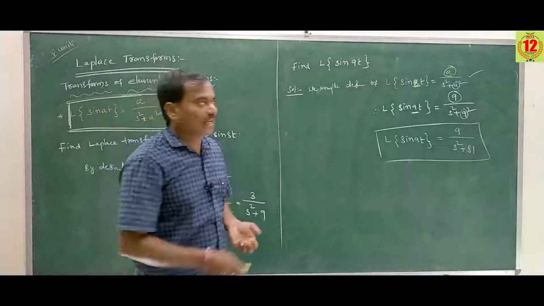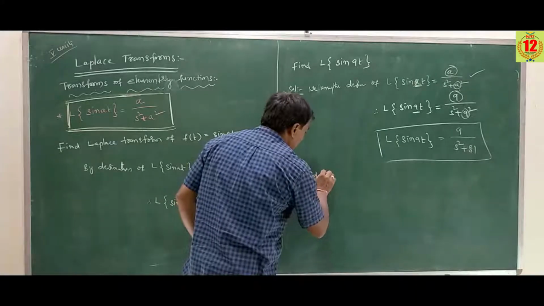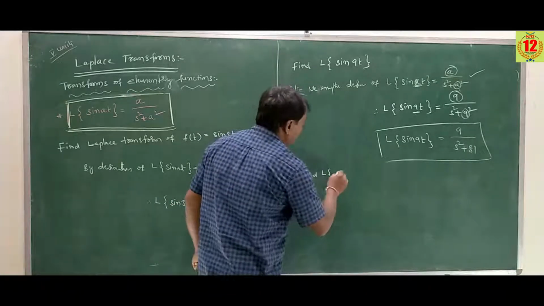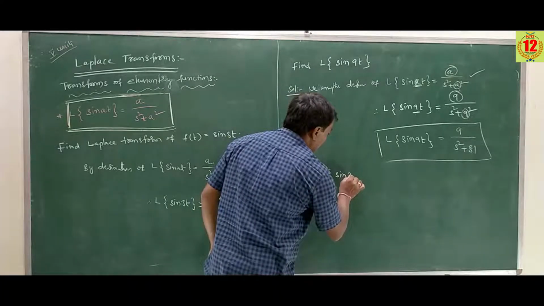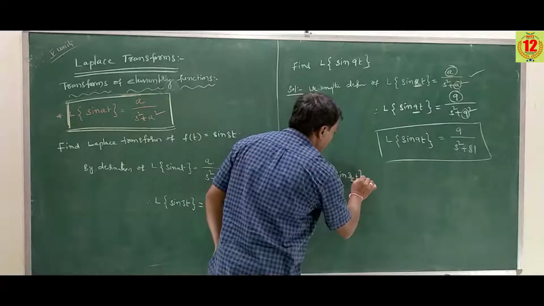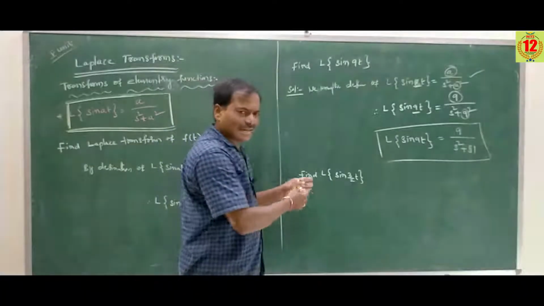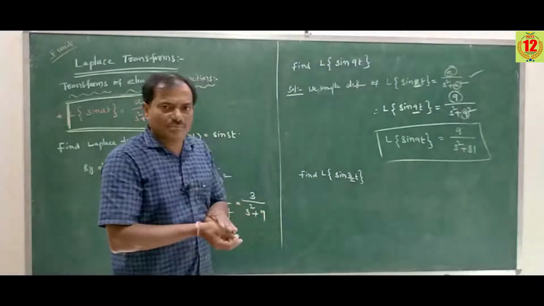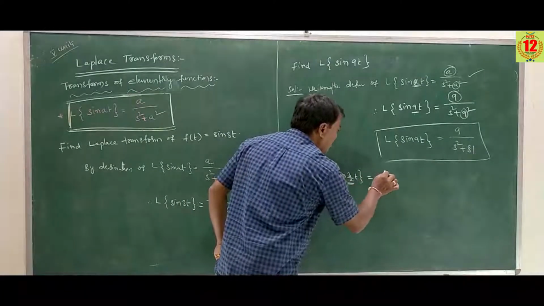We will see one more example. Find the Laplace transform of sin 3 by 2 into t. We write directly the Laplace transform of sin 3 by 2 t. What is a here? A equal to 3 by 2.